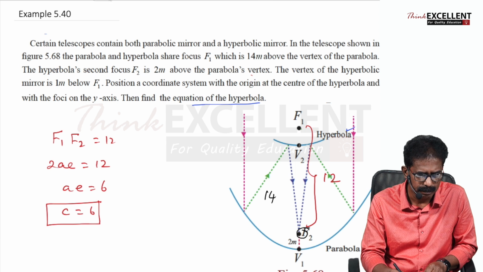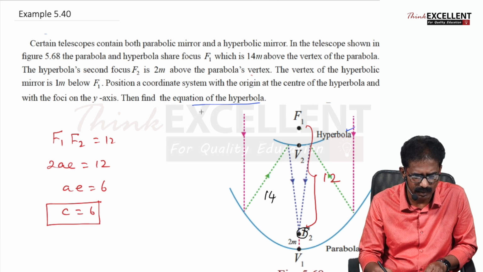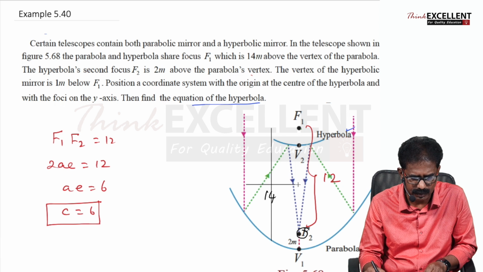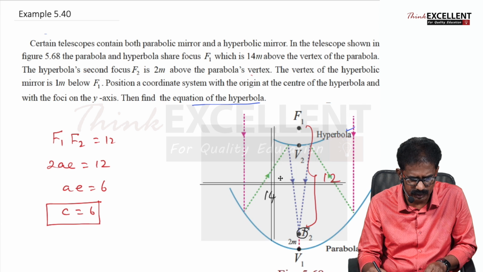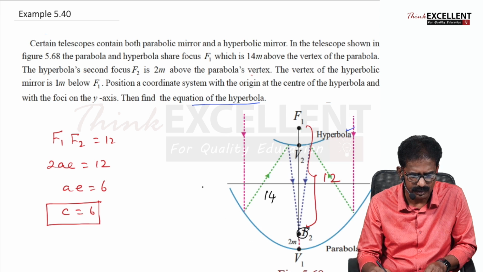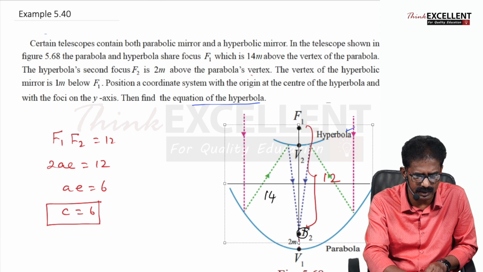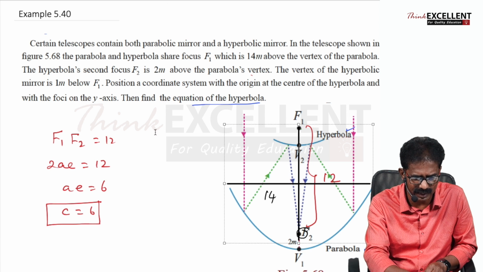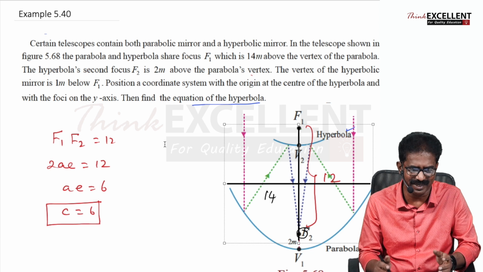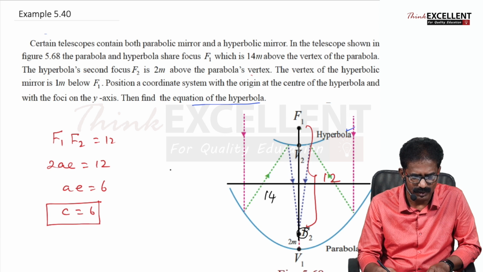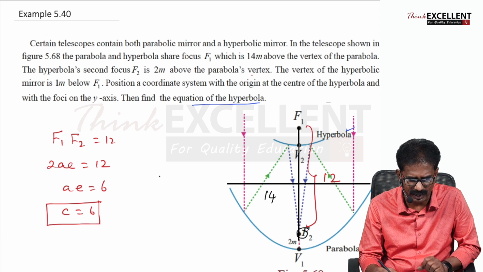Listen. If I have a diagram like this, F1 and F2 with the center in the middle, it will be easy for you. So many lines are there, so I have drawn one more line. Now listen. F1 to F2 is 12.